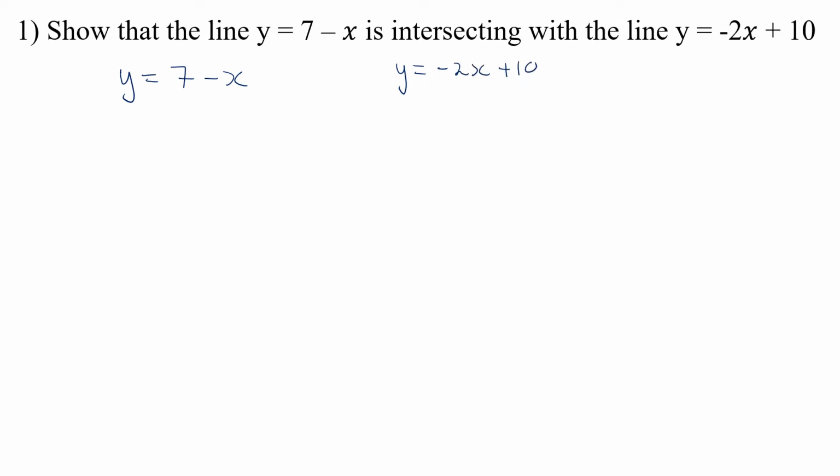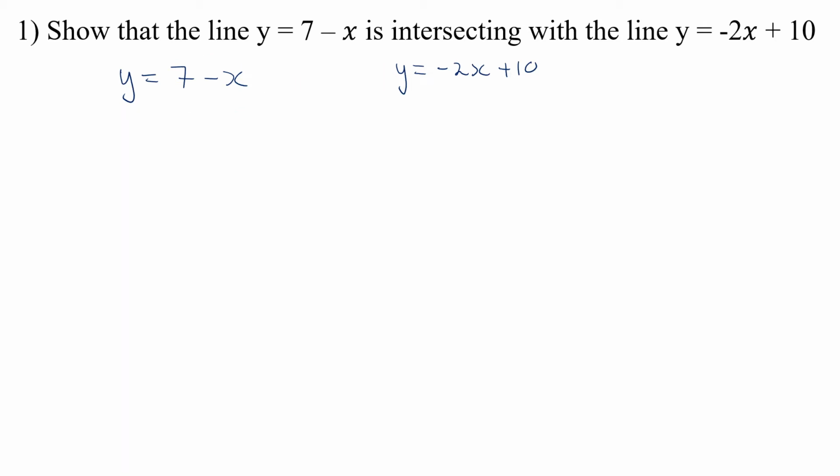So notice this. y is equal to 7 minus x, and y is equal to minus 2x plus 10. So I could take one of these y's and put it for this y here, because that is what y is.